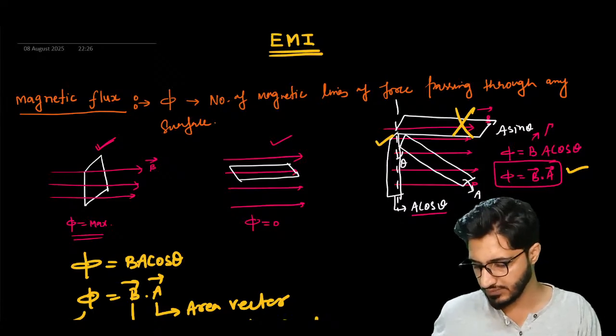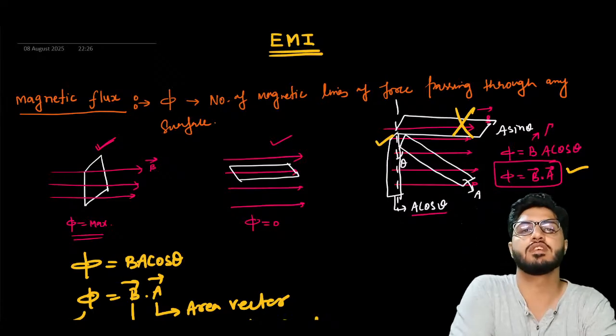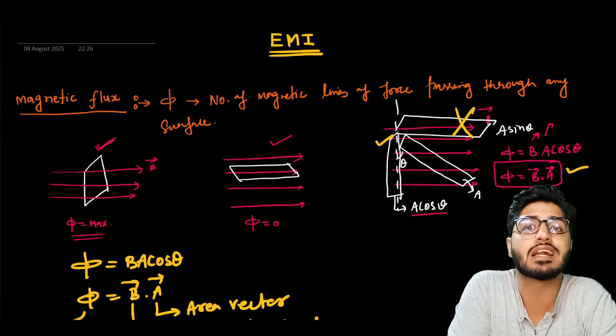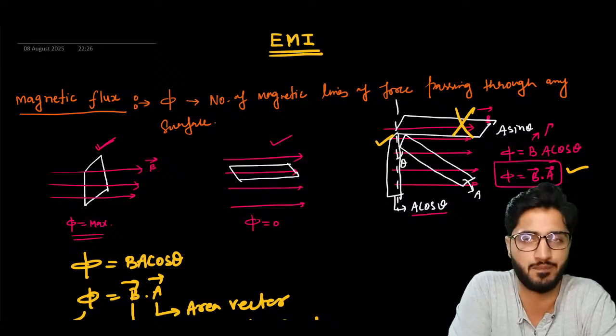Now my screen is visible. So basically, we completed one topic, that is magnetic flux. Magnetic flux means the number of magnetic lines of force passing through your area.